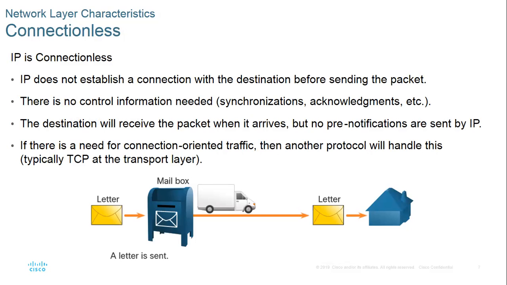The destination is going to receive the packet when it arrives, but there is no pre-notification sent by IP. If a certain application requires a connection-oriented protocol, we rely on the transport layer, which is provided by the TCP protocol.